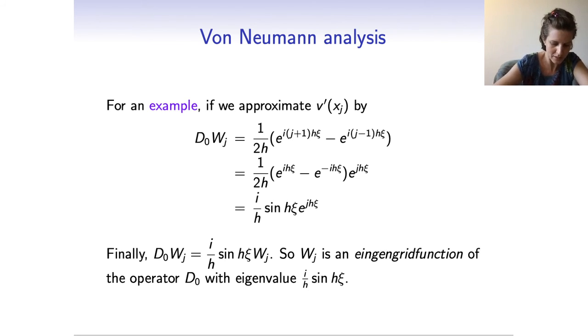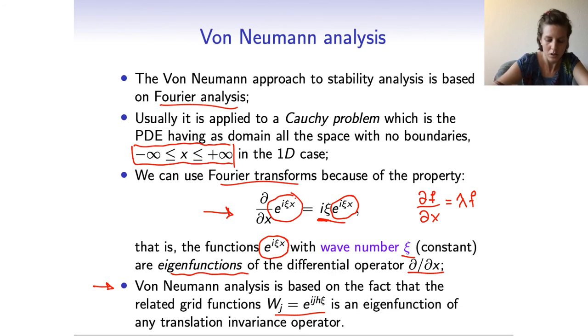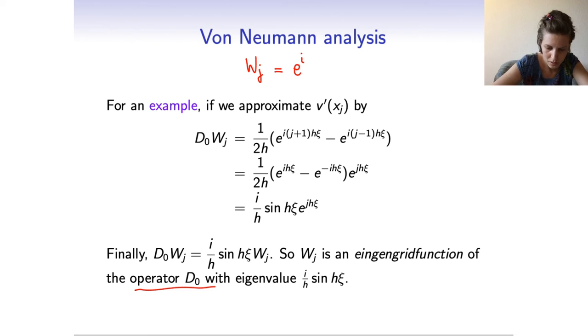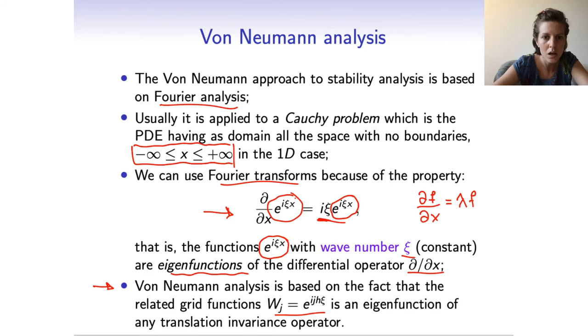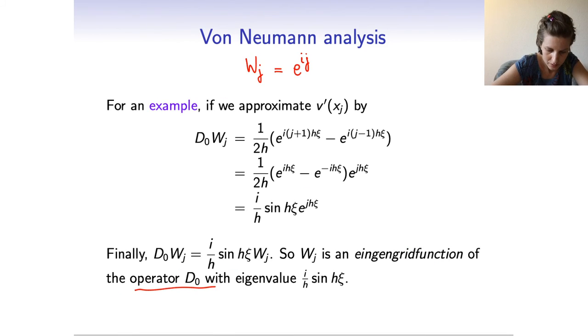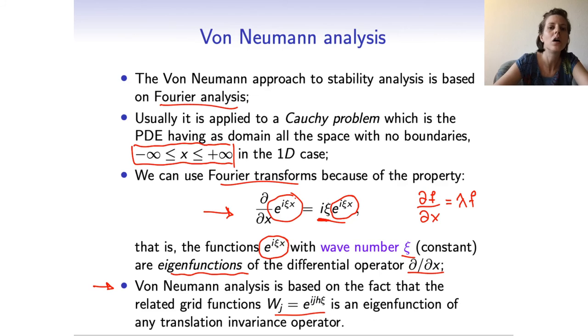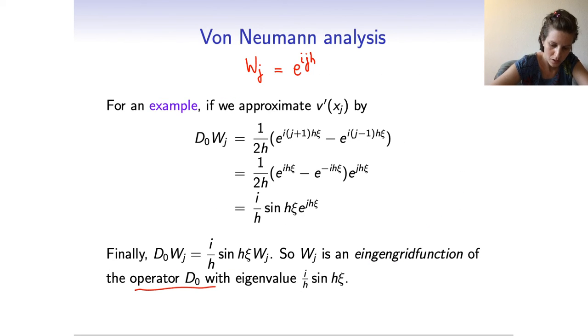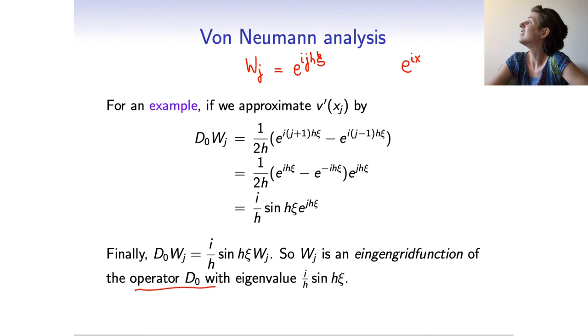So suppose that this operator d0 is a differential operator, okay? So if we have e to the i j h psi, this is just the discrete form of the function that we have seen before, which was e to the i x psi.